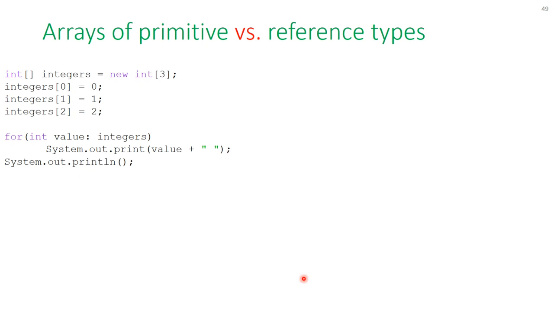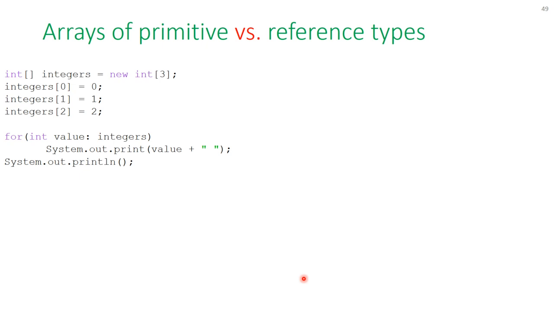So let's take a look at what we have here. We have an array of 3 int. So integers is a reference variable meant to hold a reference to an array of int object. We create the object here, new int of 3, and then we populate the elements of our array by hand, okay? Nothing transcendental there. Then we use a for each loop.